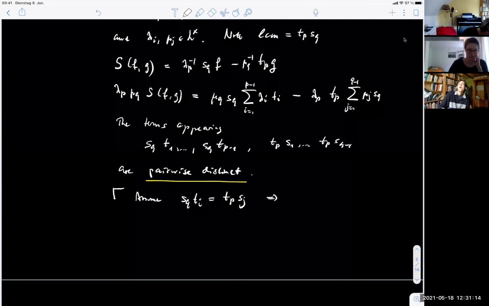Okay, what do I want? I want to write maybe the least common multiple of T_P and S_Q. Maybe I write it this way. Now I have to think, what did I want to say?